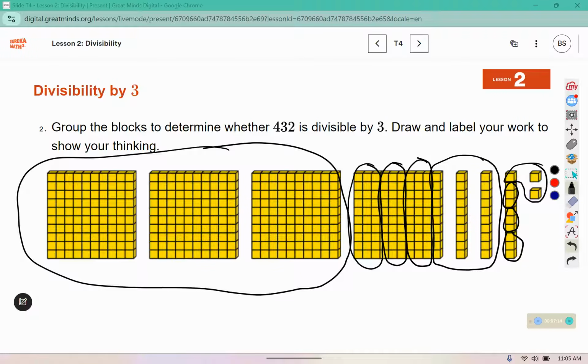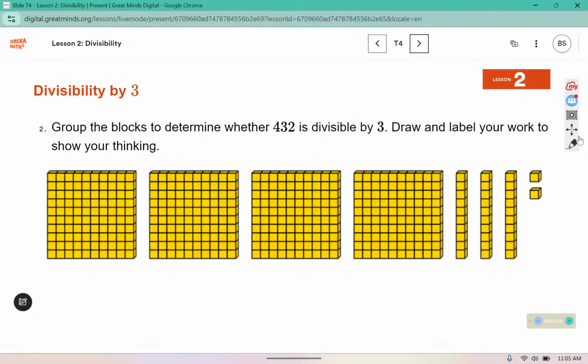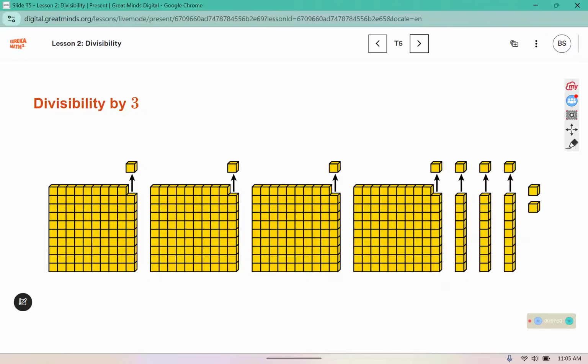That's another way to show that it's divisible by 3, because all of these sections are made up of 3 pieces. 3 hundreds, 3 tens, 3 ones. So we can split those into 3 parts. Here we have 1 taken out from each 100 and each 10.